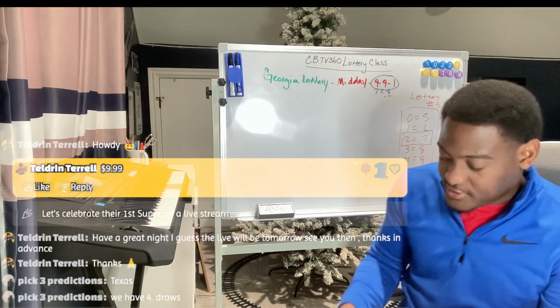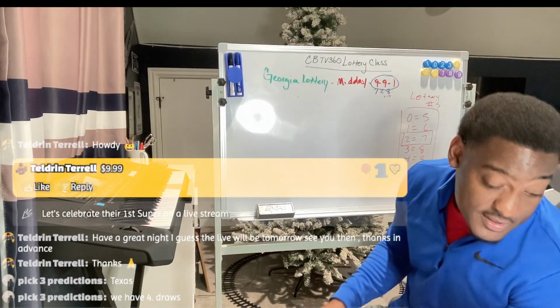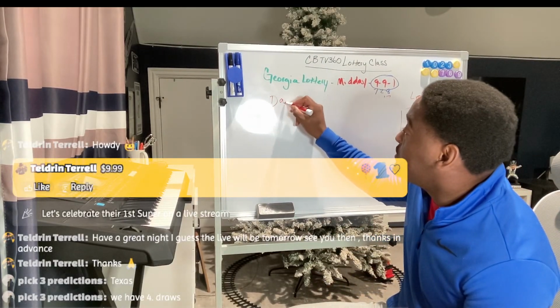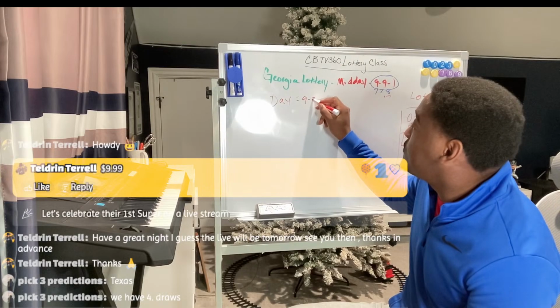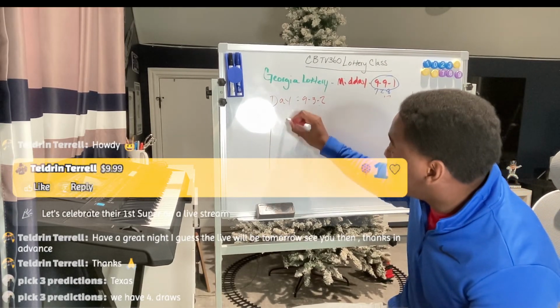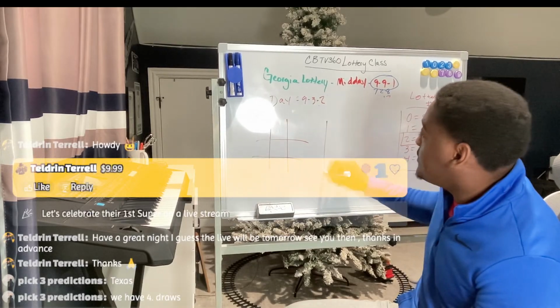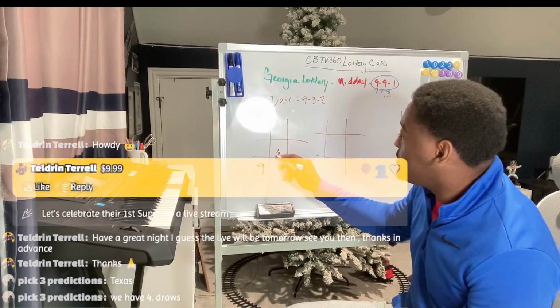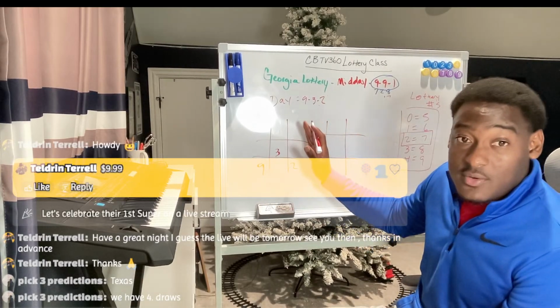So let's start with 932, right? That looks like the day draw. Same method applies when you're doing this right here. So we have 932. Once again, you want to count up, right?